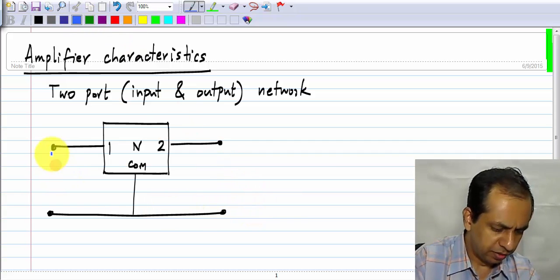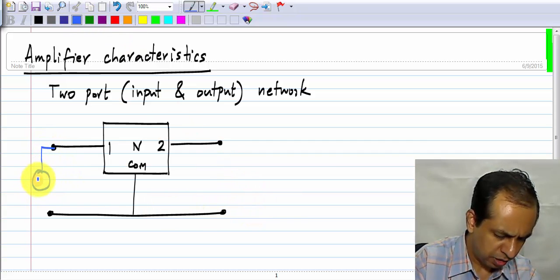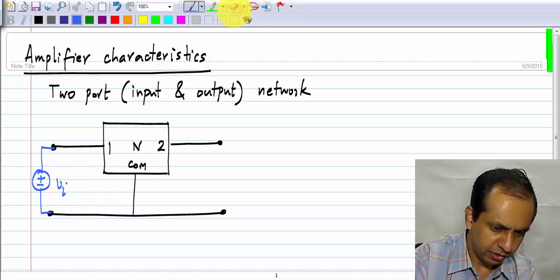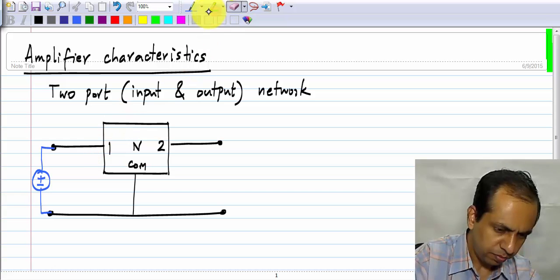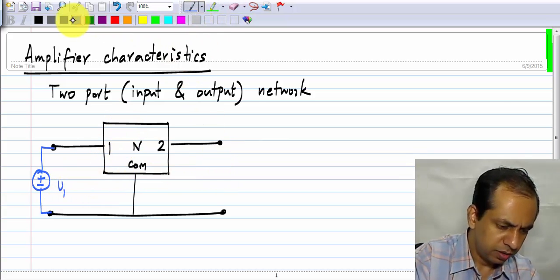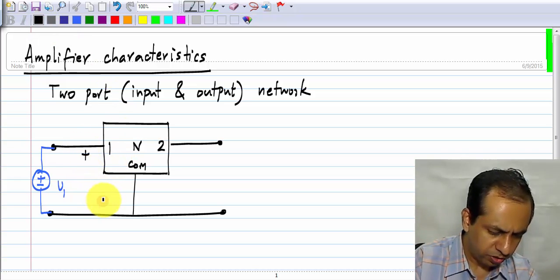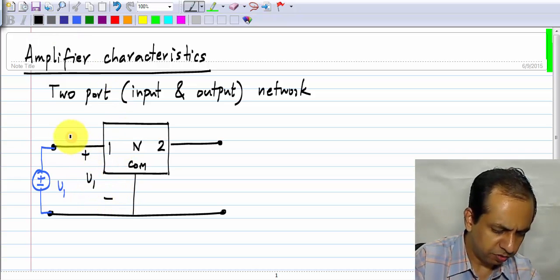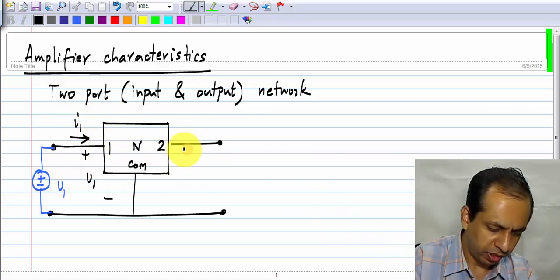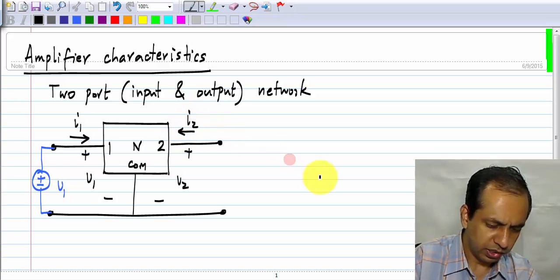Now, let us say that I apply a signal, called V1, to port 1, and I will also write down the definition of port voltages and currents. Okay, V1 and I1, and V2 and I2 in the second port.